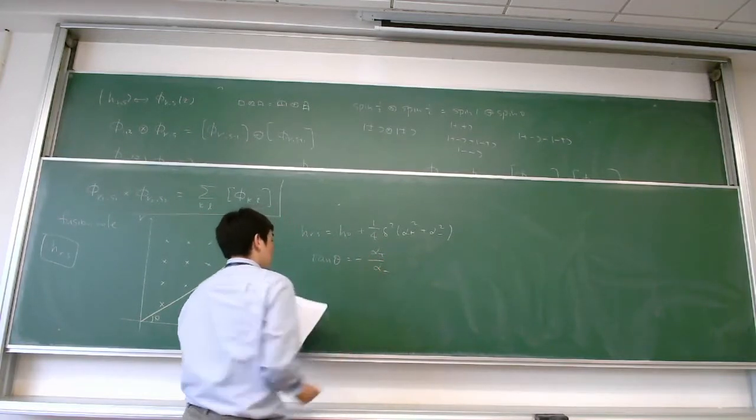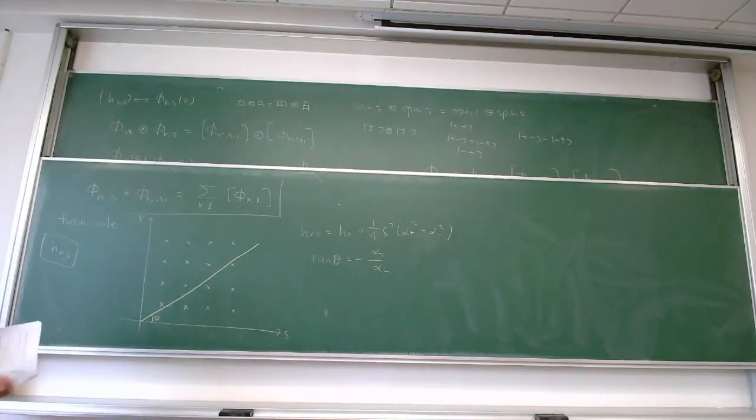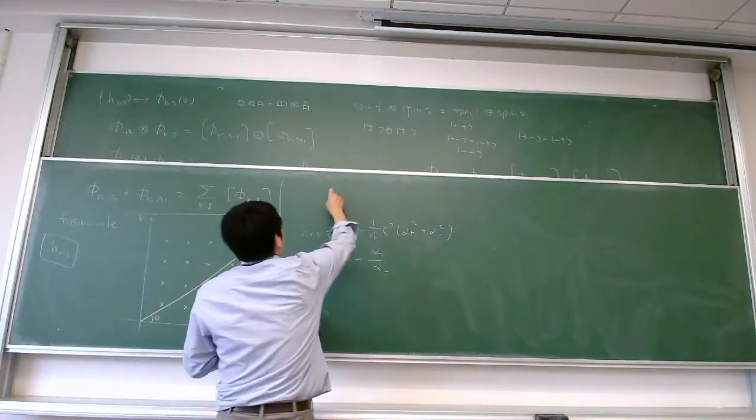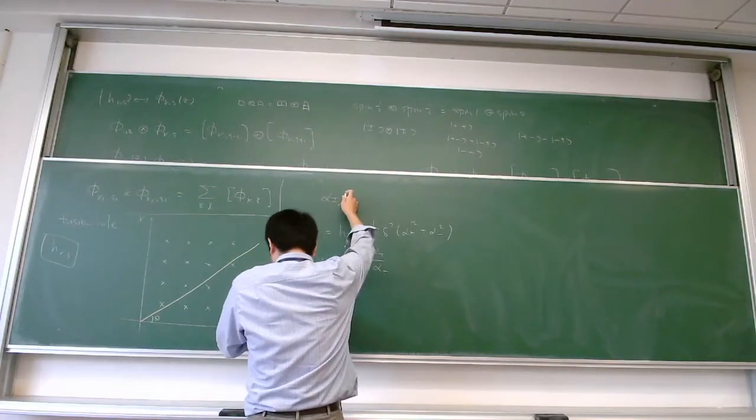This is the definition. Alpha plus and alpha minus are determined by the central charge.